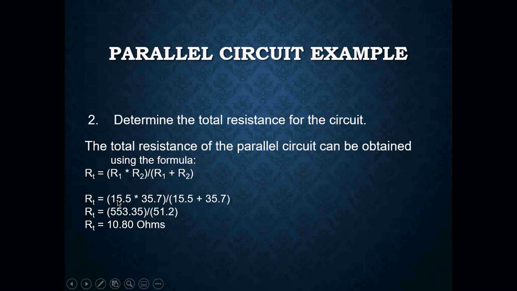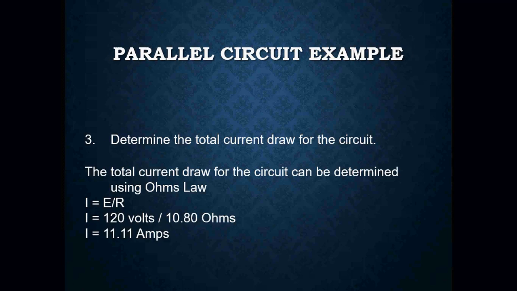Once we plug in those numbers, 15.5 times 35.7, we come up with 553.35. And if we add those two together, 15.5 plus 35.7, we come up with 51.2. So we take 553.35 divided by 51.2, and we come up with 10.80 ohms of resistance.